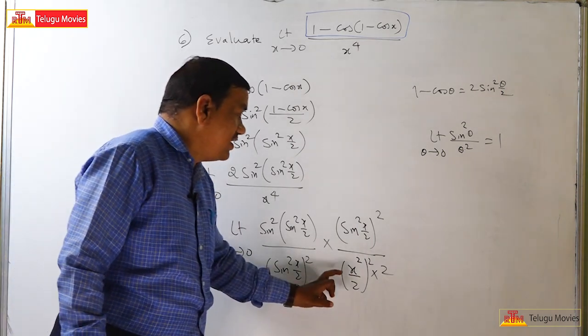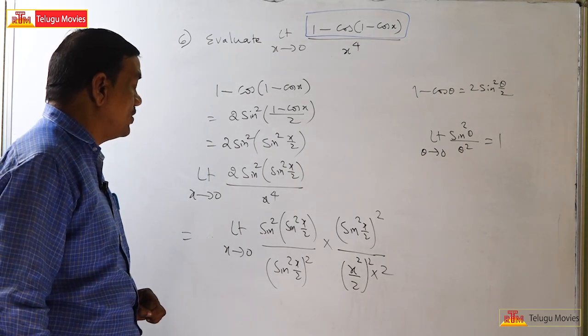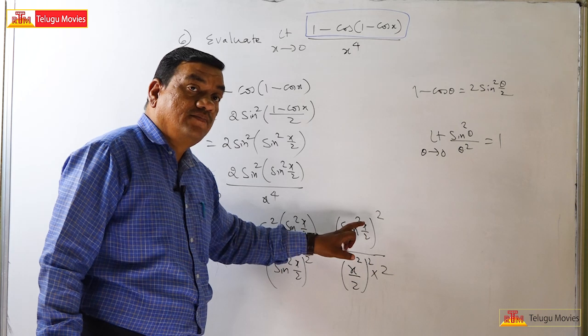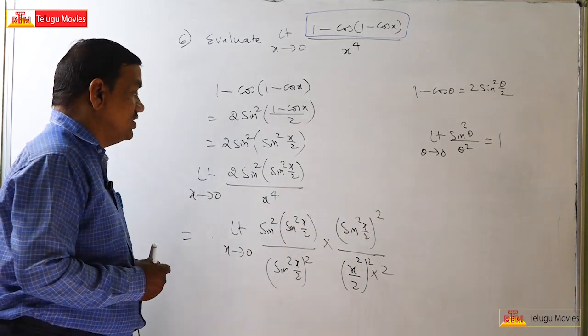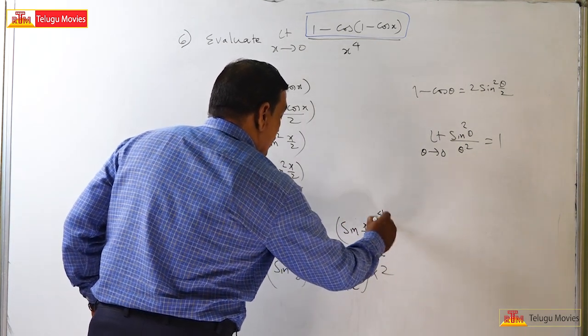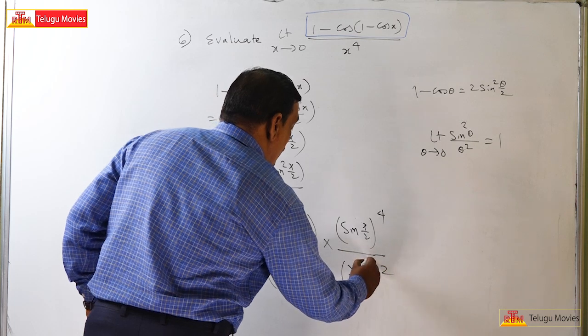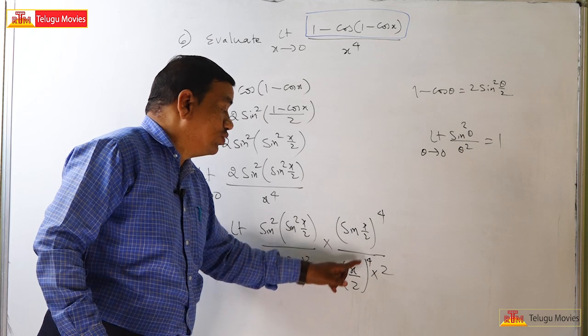So in the denominator what we have to write down? Sin square, so this is a sin to the power of 4 actually. So we can write it as sin to the power of 4 by x to the power of 4 by 2 to the power of 4.